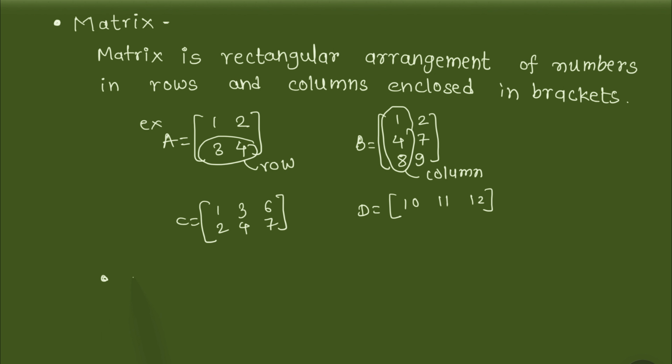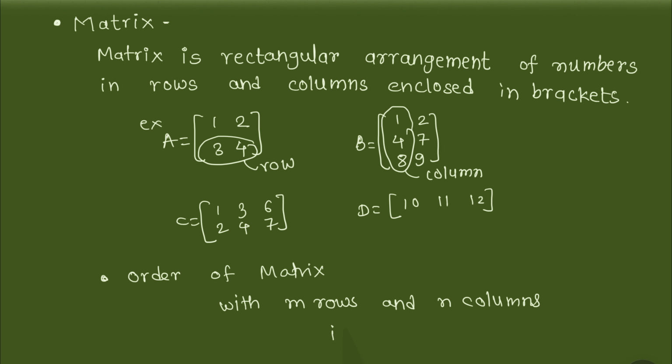Now, order of the matrix. The order of a matrix with m rows and n columns is m cross n.